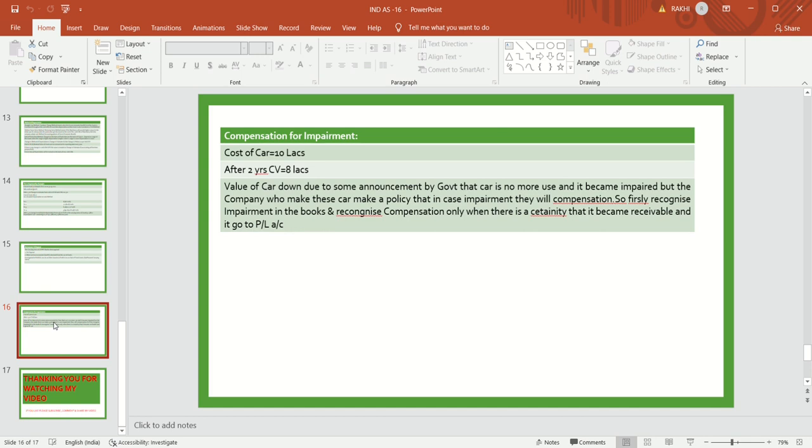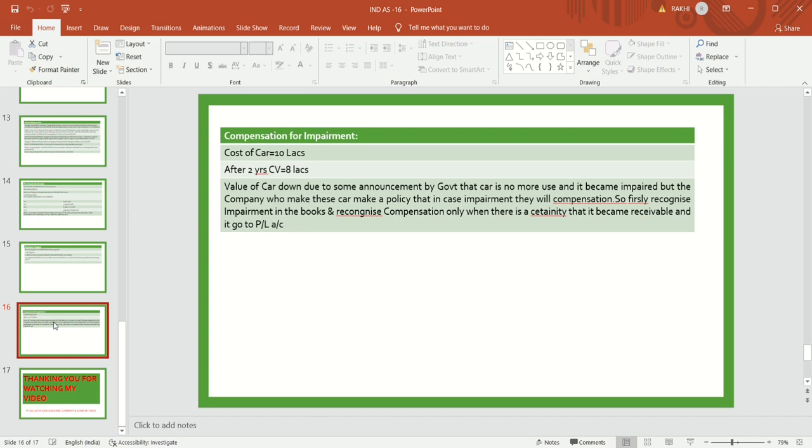So firstly, they will make a provision for impairment, and the compensation is recognized only when there is a certainty that it becomes receivable. Then only they will create a compensation entry.